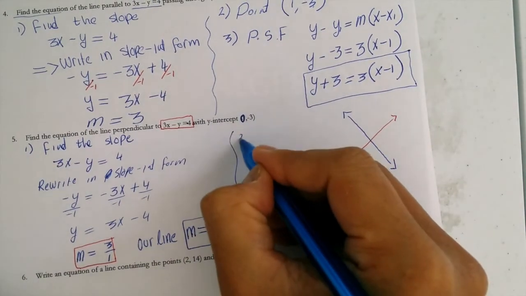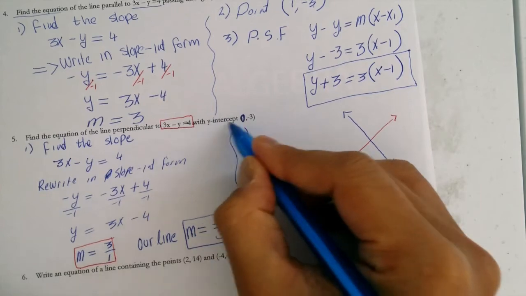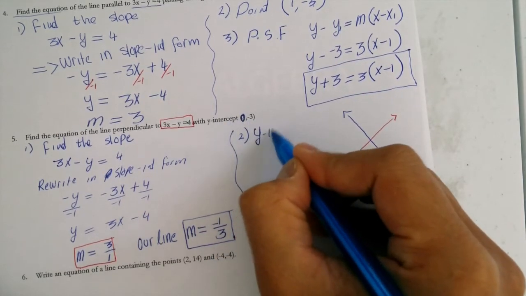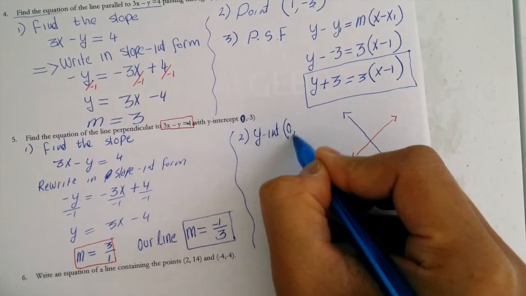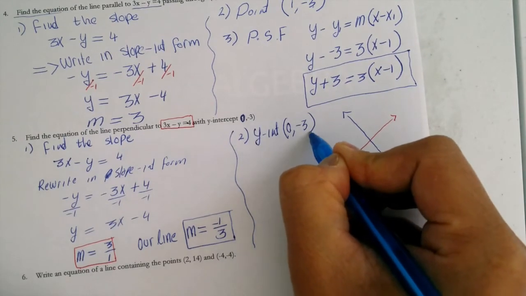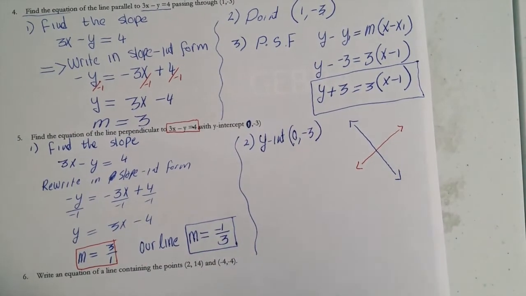We're going to go ahead and find the point, but the point happens to be the y-intercept. So this makes our job pretty easy.